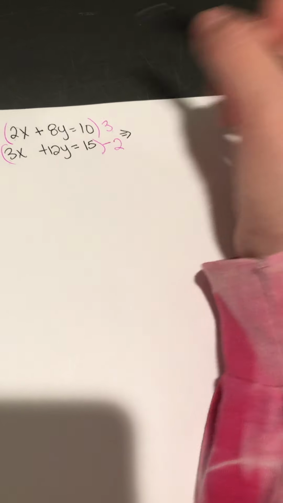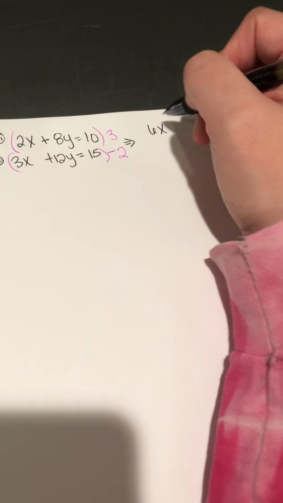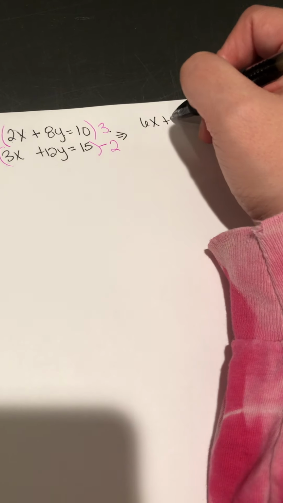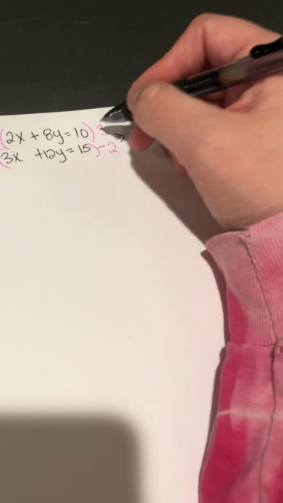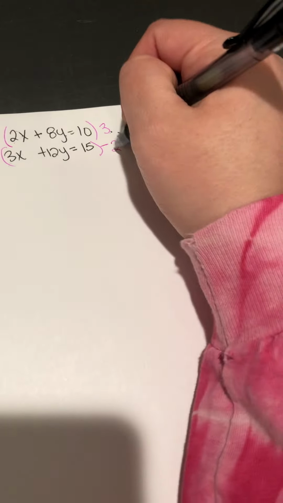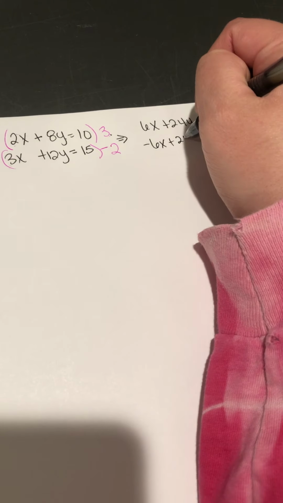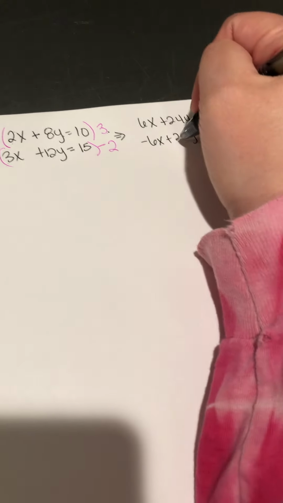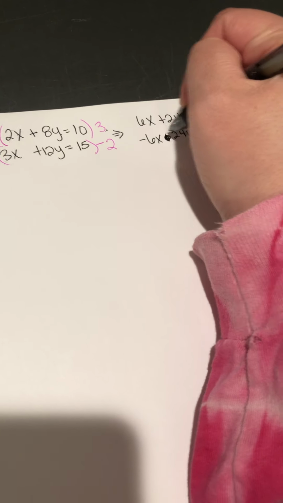So you've got 3 times 2x is 6x, 3 times 8y is 24y, and 3 times 10 is 30. For the bottom, negative 2 times 3x is negative 6x. Negative 2 times 12y is... whoops, negative 24y. I'm talking about watching your negatives and I messed up.